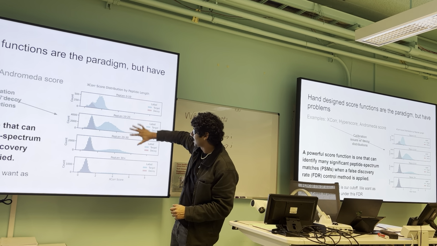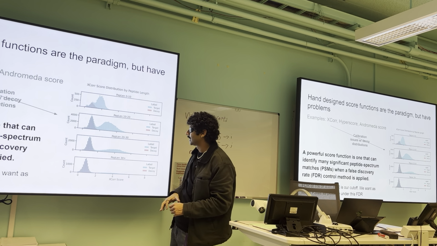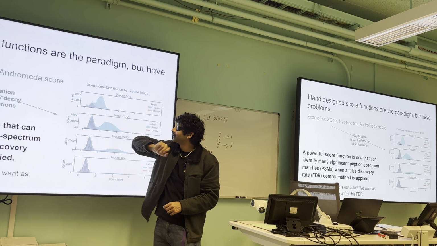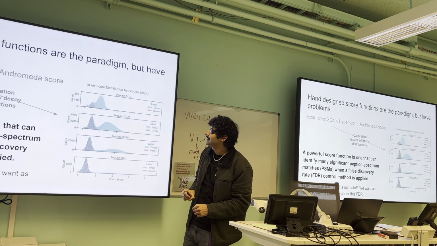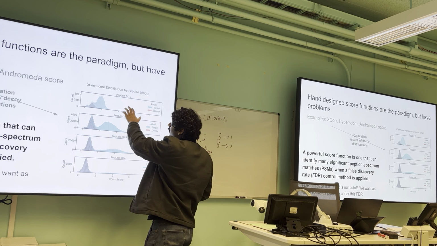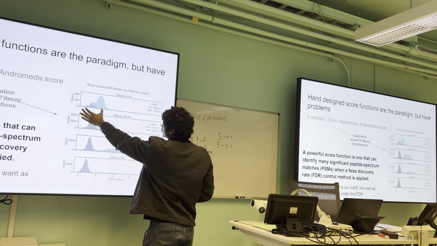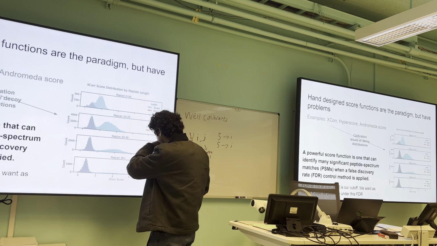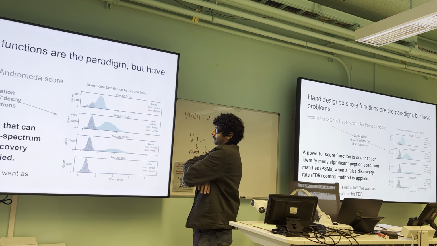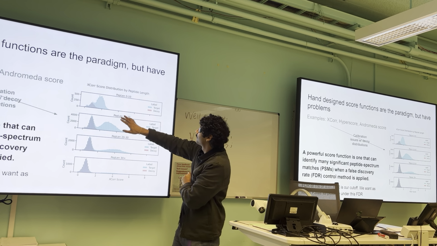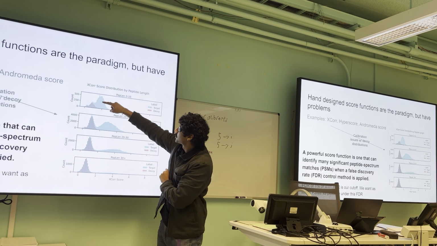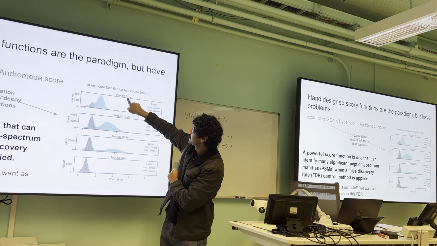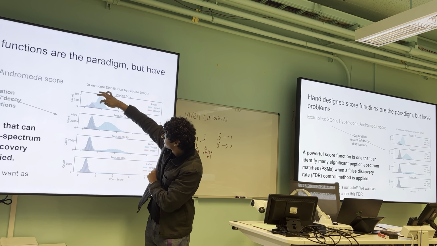If you have the peptide length, here are different graphs for the peptide length, and all you need to really worry about is this little blob of red over here. You can see that for lower peptide lengths, the distribution of scores for the wrong ones is just different. And you can also see that for the target ones, a score here for peptides from length 0 to 10 is okay.